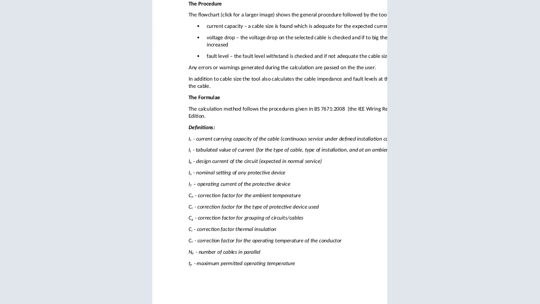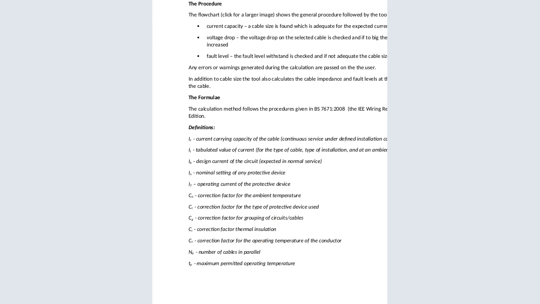C is for correction, and the subscript A is for ambient. The subscript C is for the protective device. The subscript G is for the grouping. The subscript I is for the thermal insulation. And the subscript T, for CT, is the correction factor for the operating temperature of the conductor.